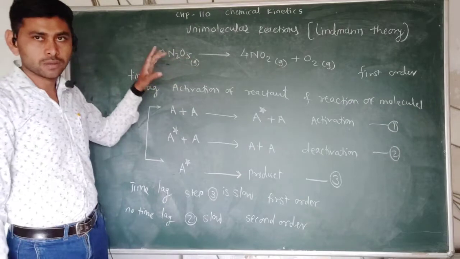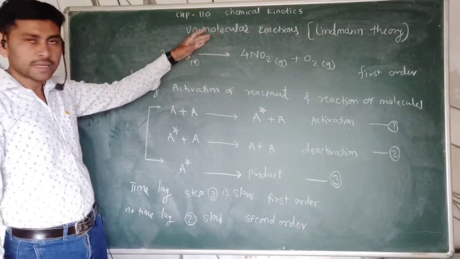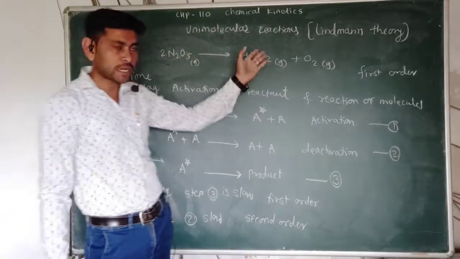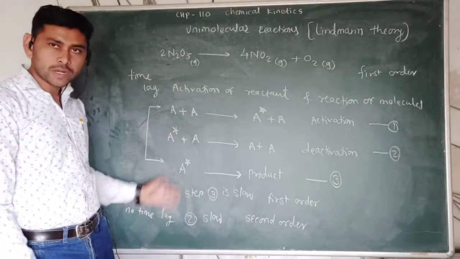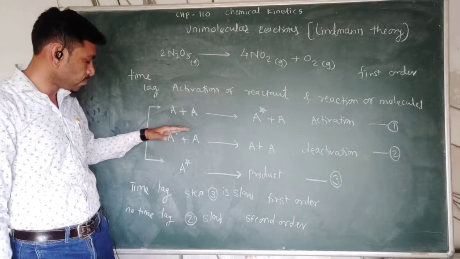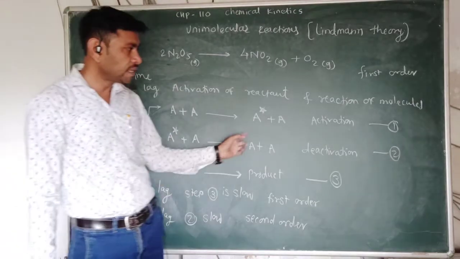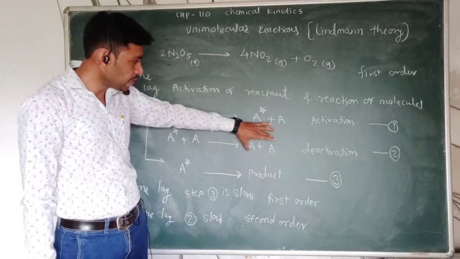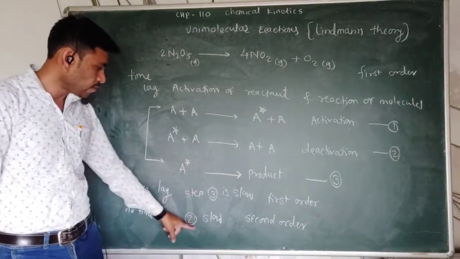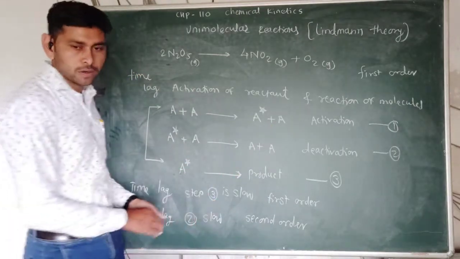Then our actual result is satisfactorily explained. In the second case, if there is no time lag between activation and formation of product, the deactivation step is slow. If the deactivation step is slow, then the reaction is second order.